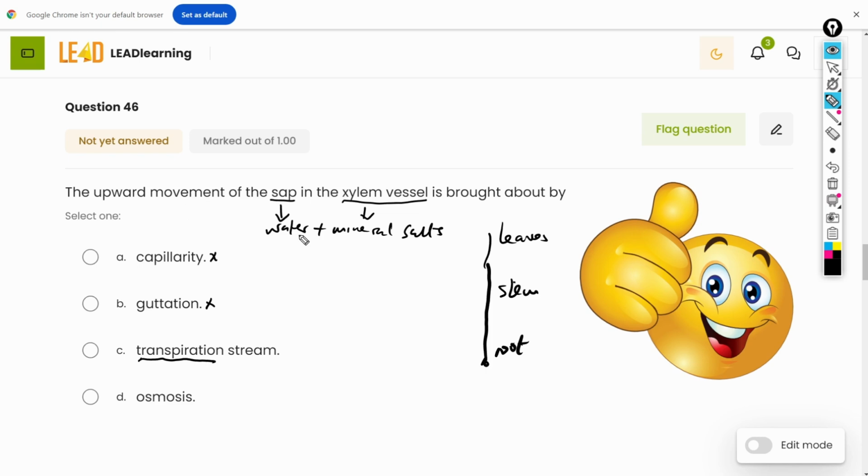Now, since cell sap contains water, transpiration stream is a collection of both water and mineral salts moving up the plant. Osmosis is the movement of only water molecules from where the water molecules are high in concentration to where the water molecules are low in concentration. So based on this information, our correct answer is the option C.